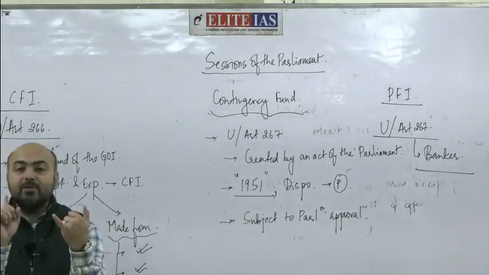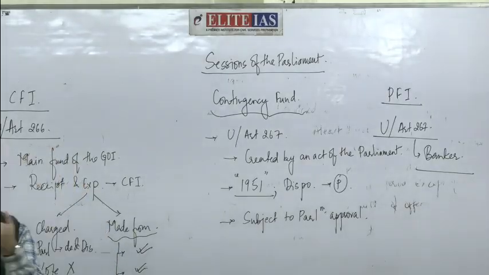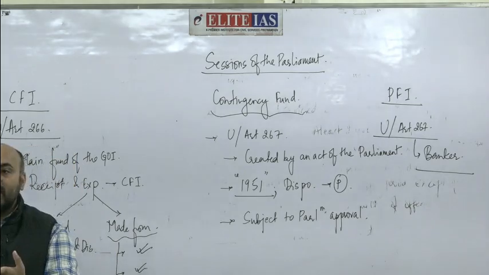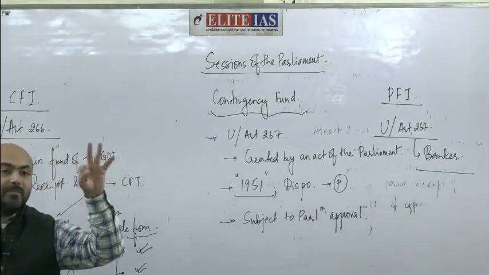That can happen in case of an ordinary bill, a financial bill, and also a constitutional amendment bill. In a money bill this is not the case. Why? Because in a money bill Lok Sabha enjoys overriding powers. So leave aside money bill.